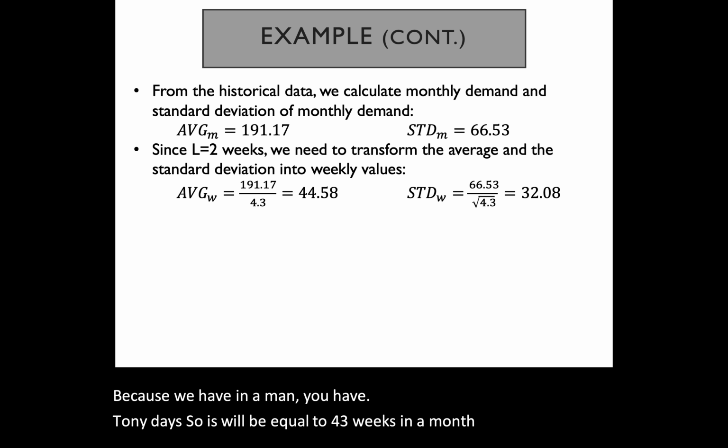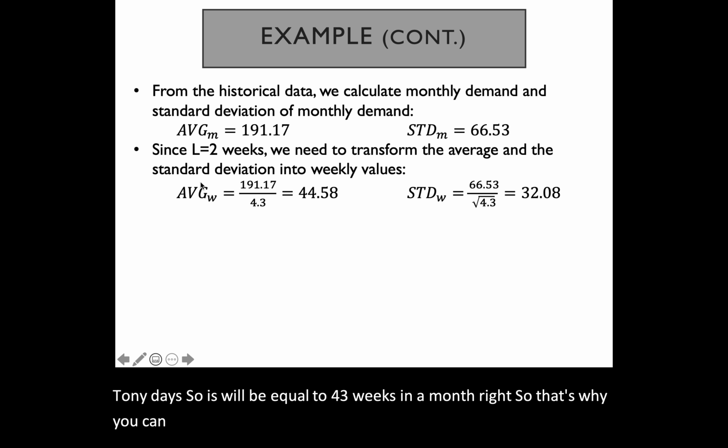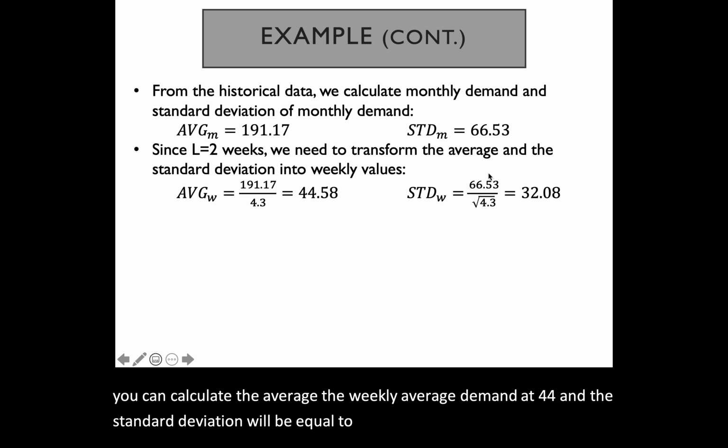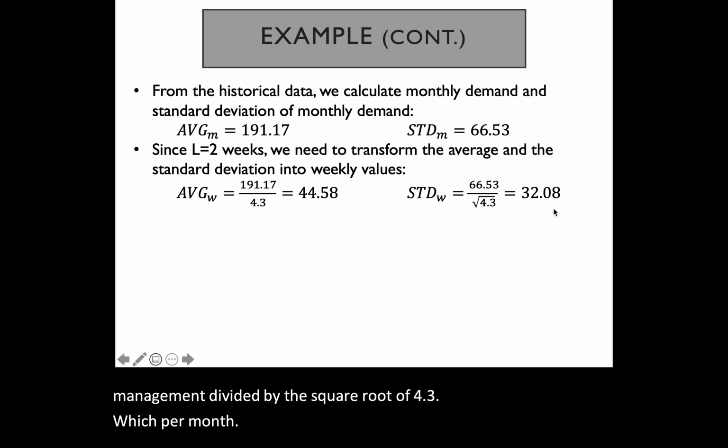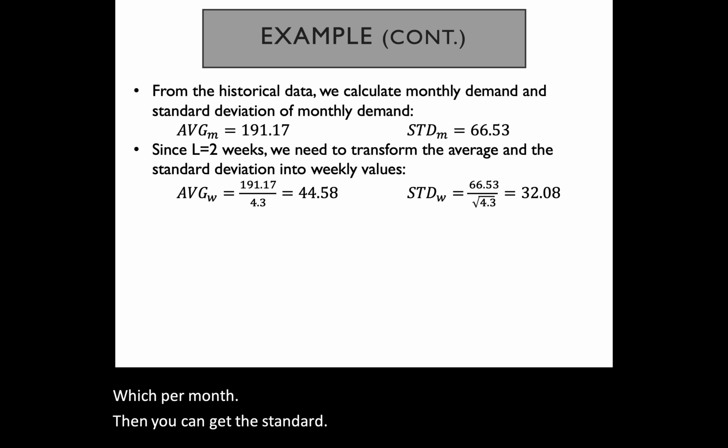So you can calculate the weekly average demand at 44. And the standard deviation will be equal to the standard deviation of monthly demand divided by the square root of 4.3 weeks per month. Then you get the standard deviation of weekly demand at 32.